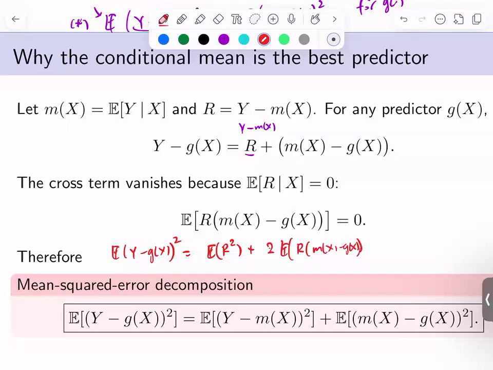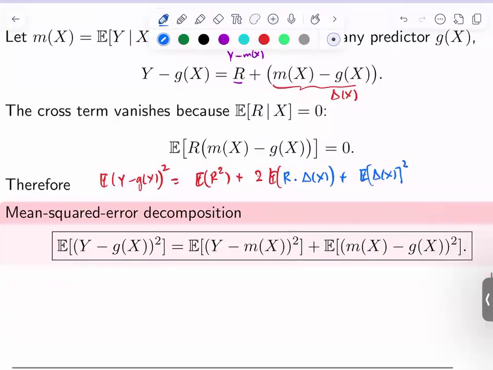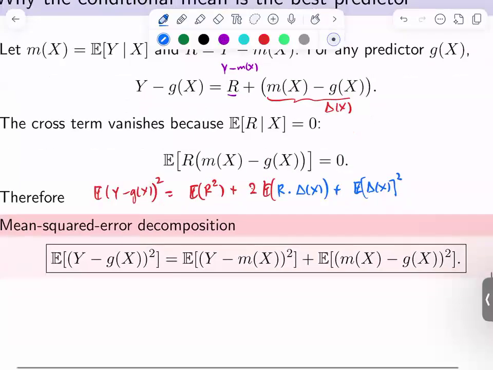Let's call this delta x for simplicity. So you get r times delta x, plus the expectation of delta x squared. This is just a function of x.